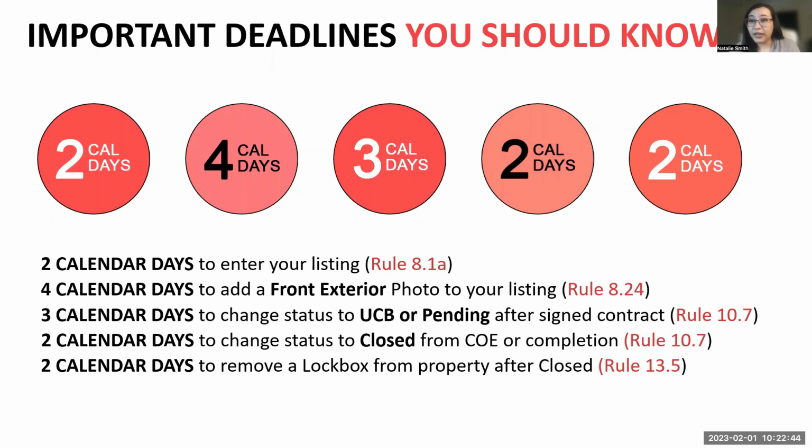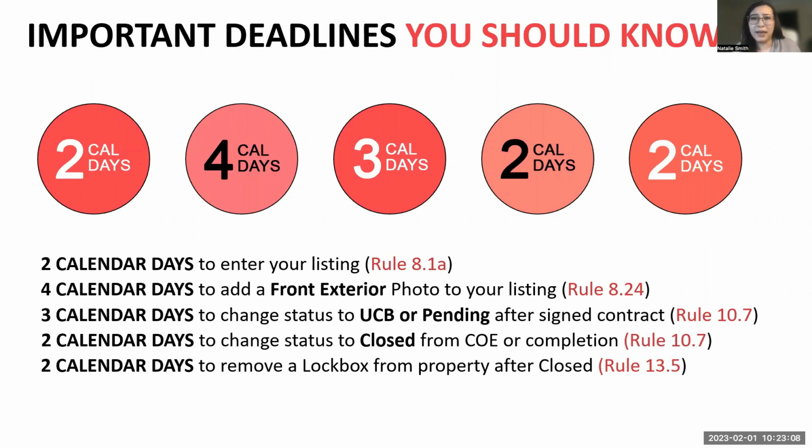You have 3 calendar days to change the listing to pending or UCB once that contract has been signed. And then you have 2 days to change the status to closed. However, this one is kind of irrelevant, I feel, because that last step, when you're changing your listing to pending or UCB, well, it asks you for that close of escrow date. So as long as nothing has changed within the contract, you don't really got to worry about it.